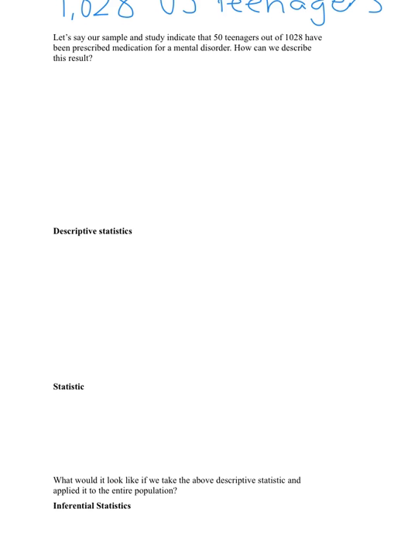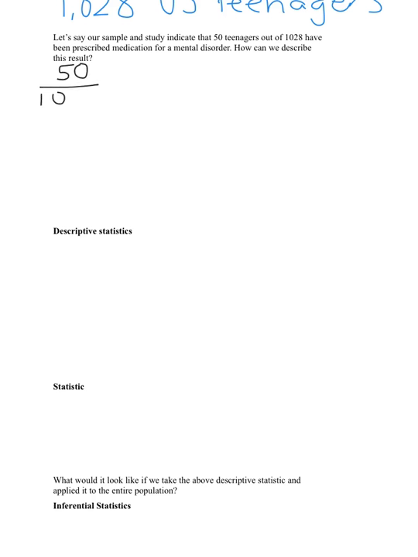So of course they would gather their results, and their results indicated that 50 teenagers out of the 1,028, and that's a number I made up just for a demonstration, have actually been prescribed medication for mental disorder. So how can we describe this result? Because 50 teenagers out of 1,028 is wordy, and we can't do much with that sentence as far as math goes. So this naturally kind of forms a ratio.